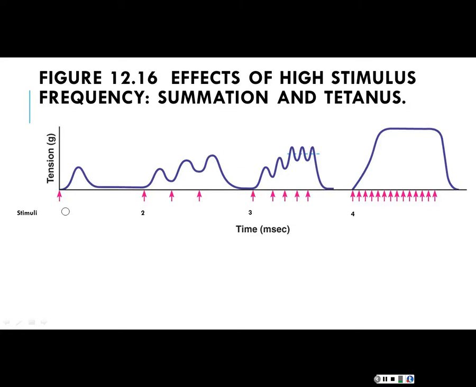Right, so let's pick up where we left off in our last meeting. We were talking about the components of a muscle twitch, right? A single skeletal muscle cell with a single stimulus. We identified the phases of the twitch: the muscle contracts, and then the muscle relaxes.